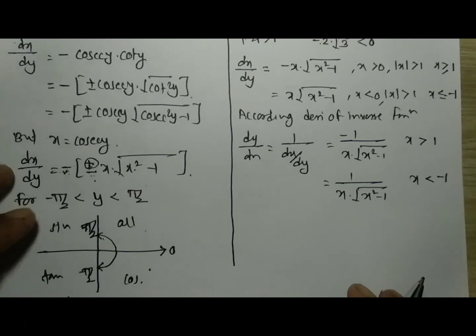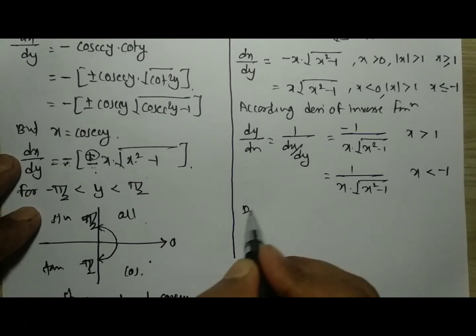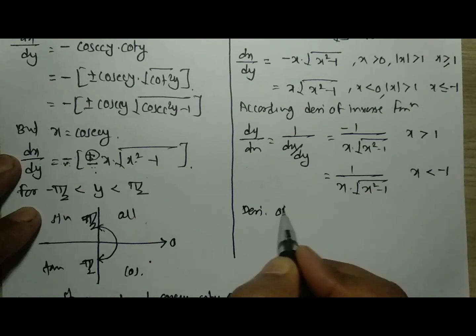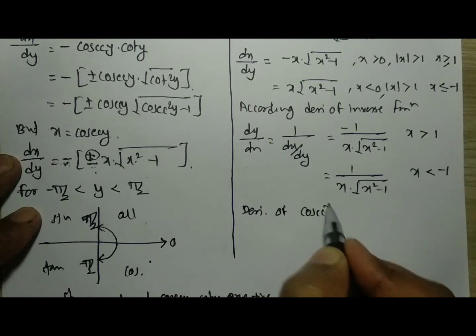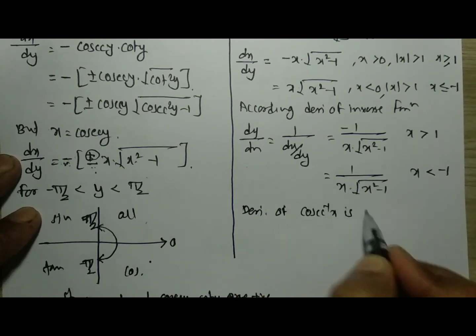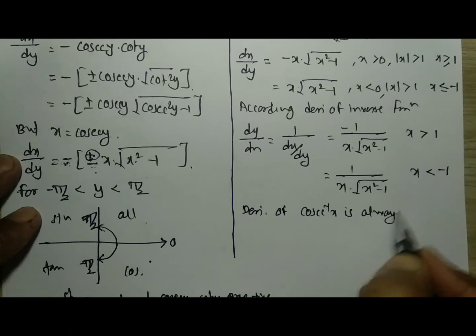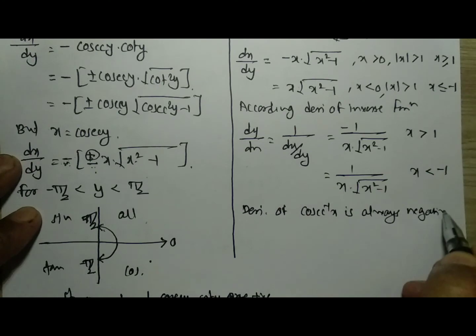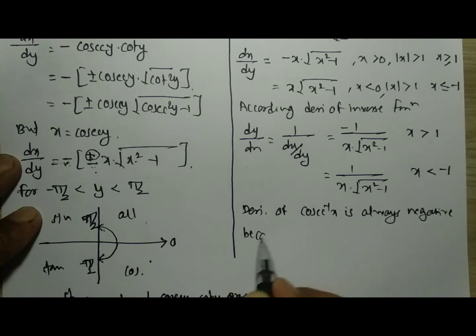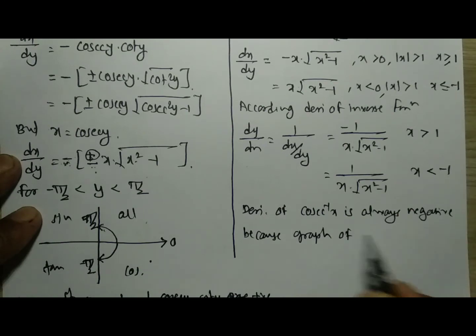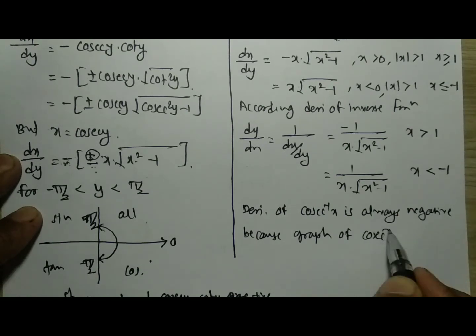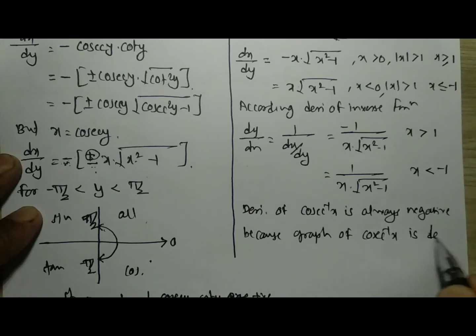And here we have to consider that the derivative of cosec inverse x is always negative, because the graph of cosec inverse x is decreasing.